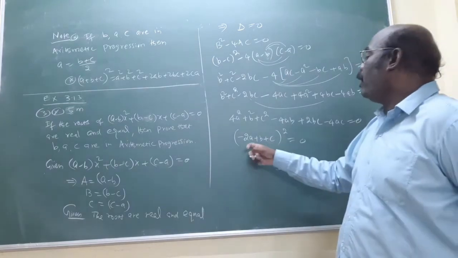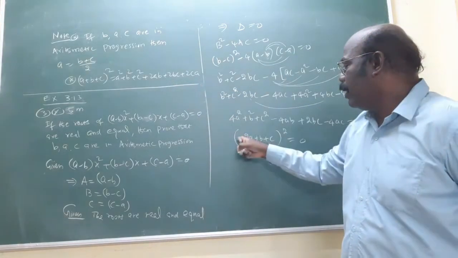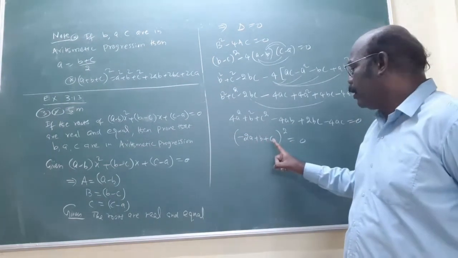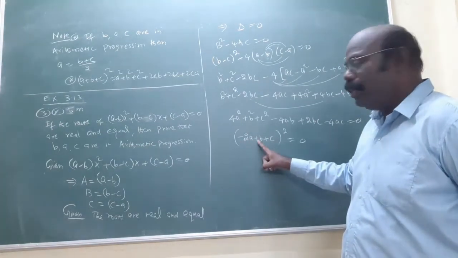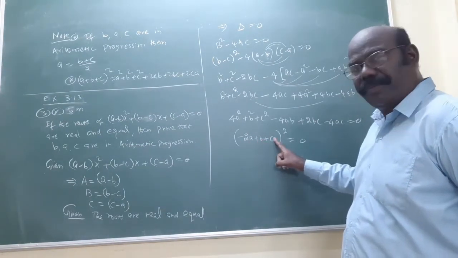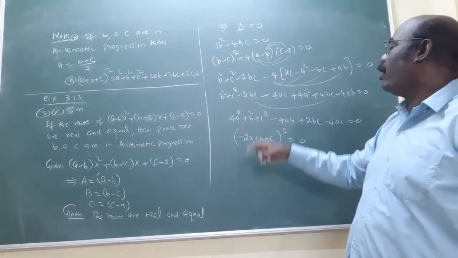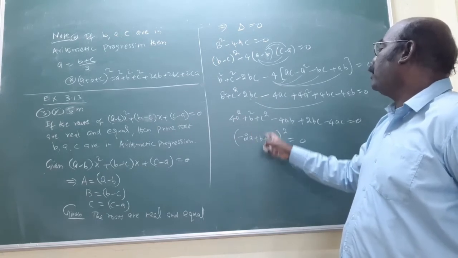Now, expansion. Use this formula. What is the formula? Three terms whole square means first term square plus second term square plus third term square, then 2 into first and second term, then 2 into second and last term, then 2 into first and last term. Now expand this one. (Minus 2a) whole square is 4a square, b square, c square.